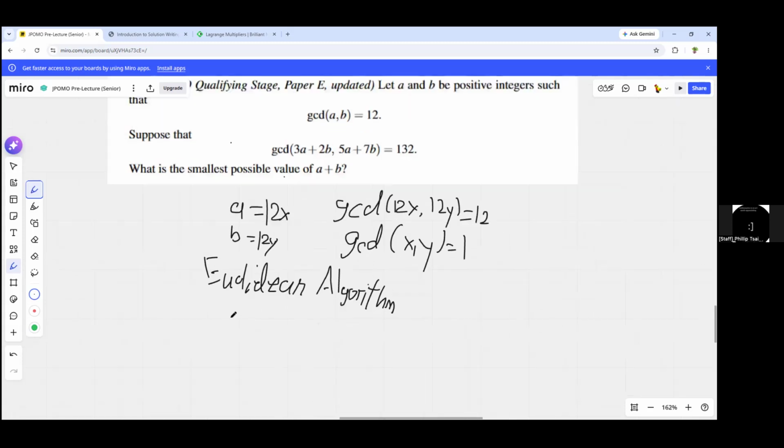The essential thing is that the greatest common divisor of x and y is equal to the greatest common divisor of x minus y and y. Why? Because notice that the greatest common divisor divides both of these numbers, right? So when you subtract them, it still remains a multiple of the greatest common divisor.